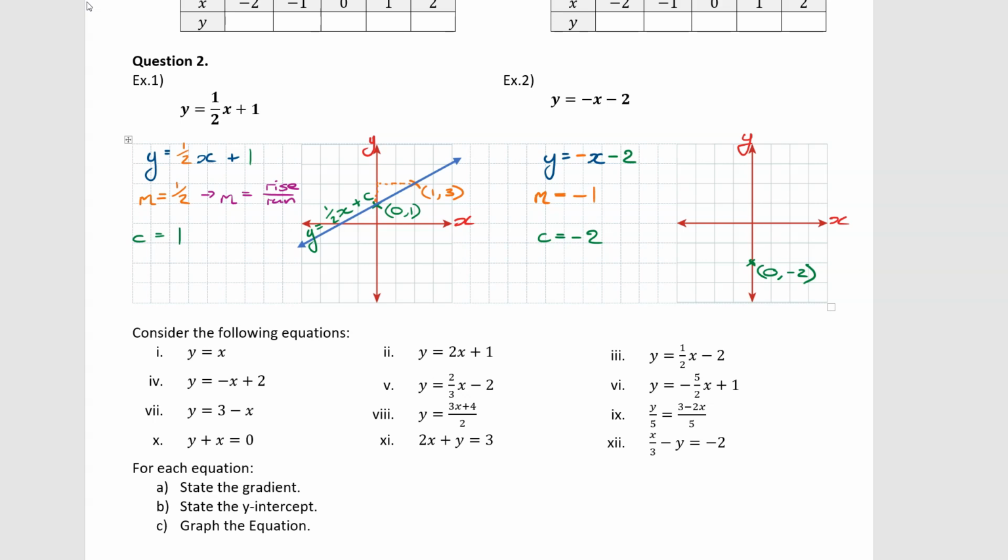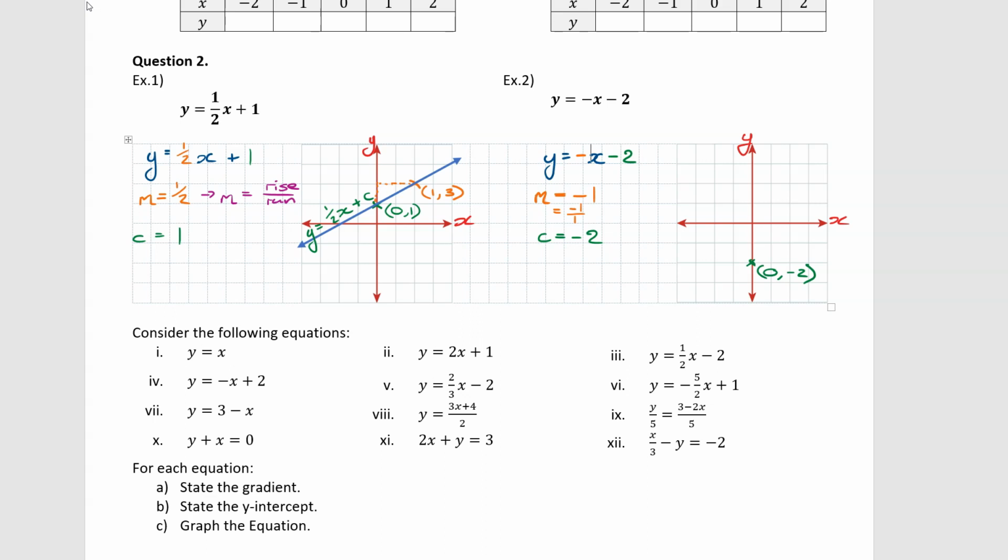Now notice minus 1, it's not a fraction, but rather it's an integer. What we can do is we can transform this into a fraction by simply going minus 1 over 1. And therefore we have a rise and we have a run. So, getting this point here, we have to go either down 1, across 1, or we can go up 1, back 1.